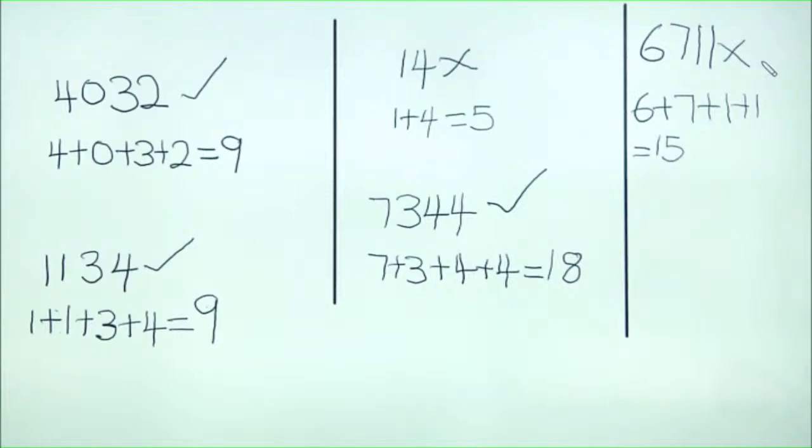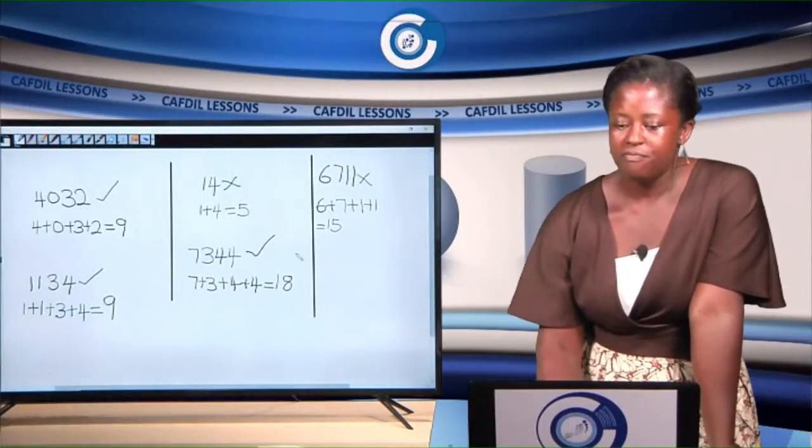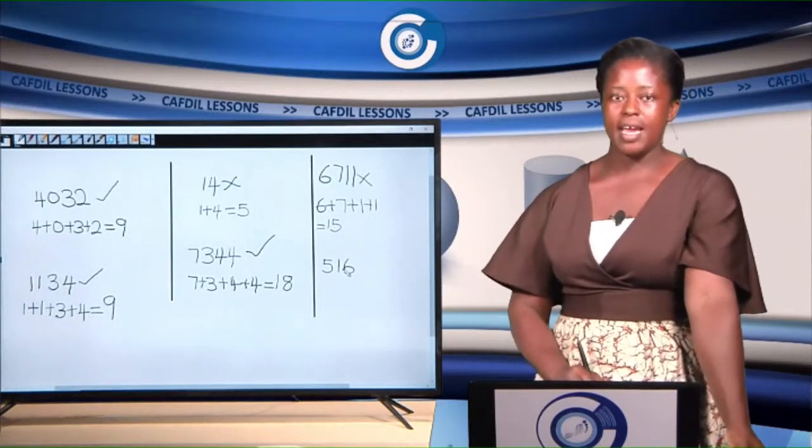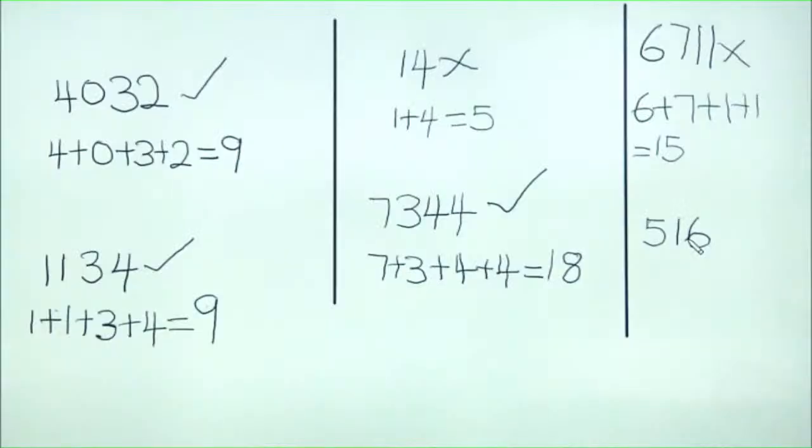Let's try our hands on more examples. 516. Is it divisible by 9? Let's add all the digits and see. 5 plus 1 plus 6. 5 plus 1 is 6, and 6 plus 6 is 12.